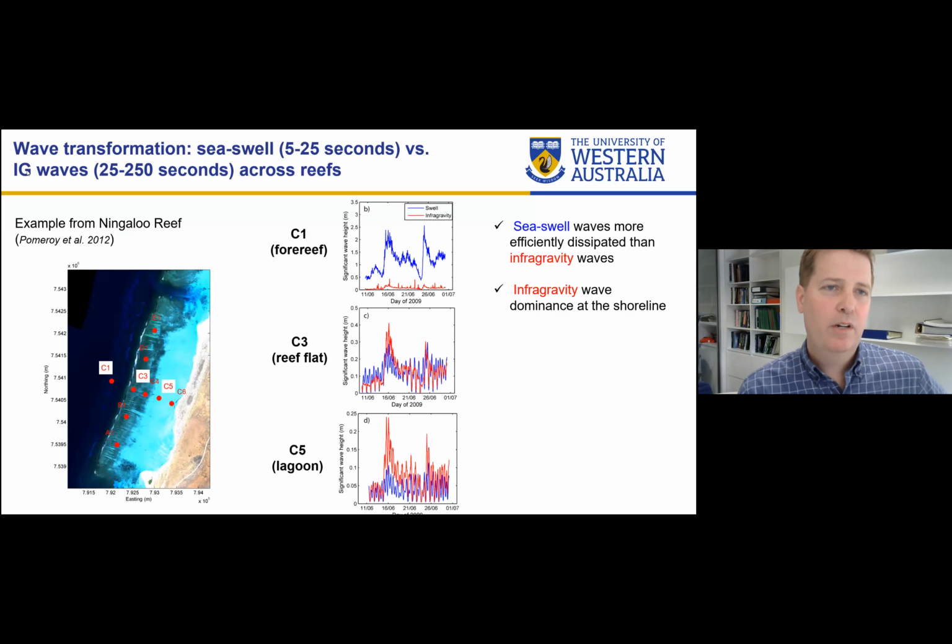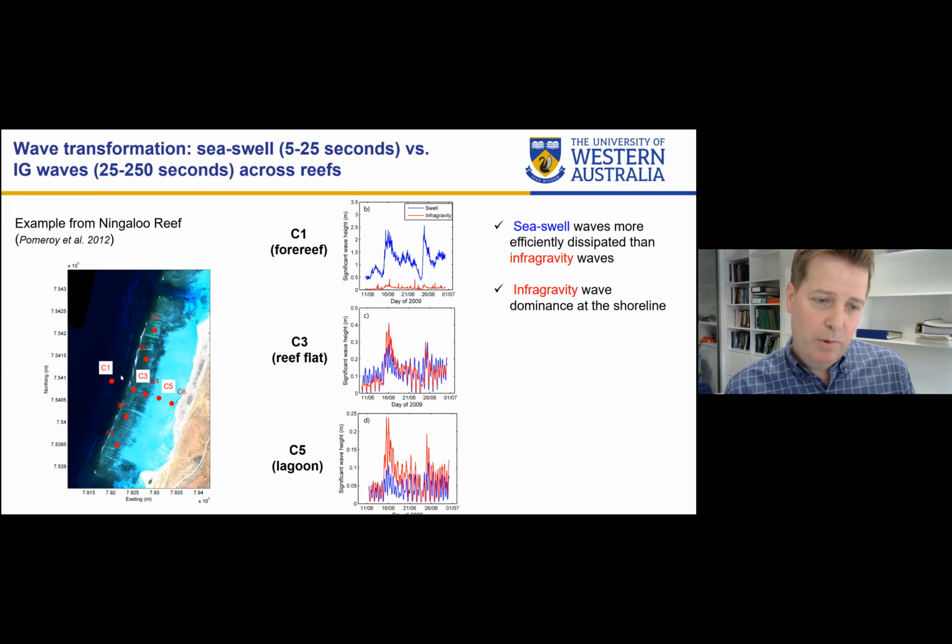Okay, so first thing I want to talk about, and this is very typical of reefs, there's a number of field studies that have looked at wave transformation across fringing reef profiles like this, and this is quite typical where offshore we have our wind waves, our sea swell waves, which, if we look at the wave energy within the band that's 5 to 25 seconds, that's your sea swell waves.